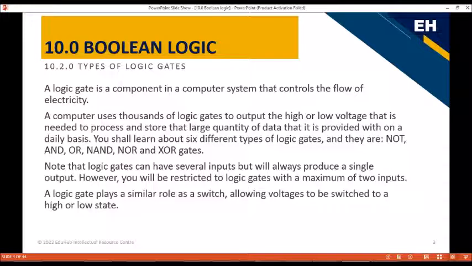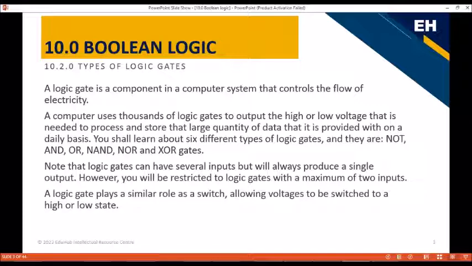I repeat, logic gates can have several inputs, but will always produce a single output. However, for the purpose of this lesson, you will be restricted to logic gates with a maximum of 2 inputs.